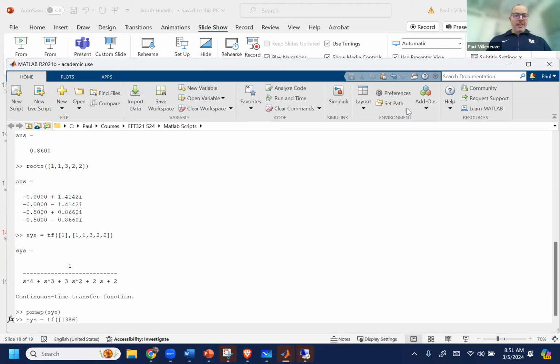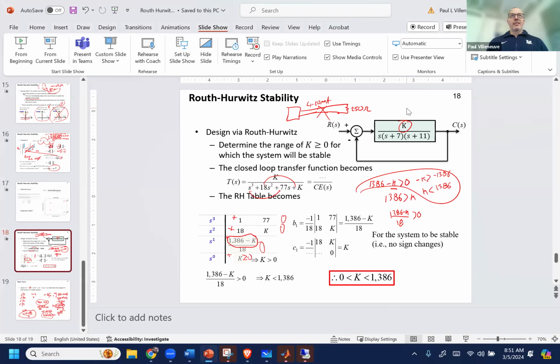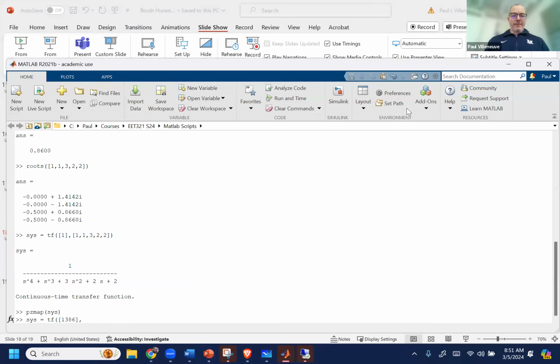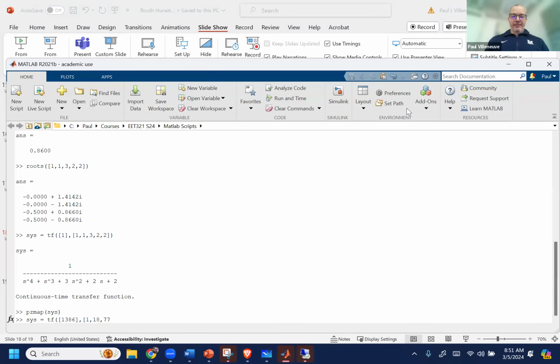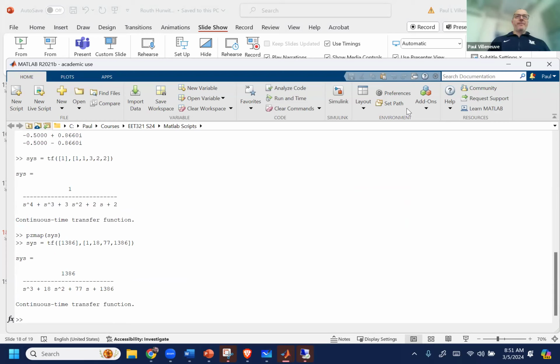And in the denominator, I want a marginally stable system, so I have 1, 18, 77, and the value of k. Yeah, that's my transfer function.